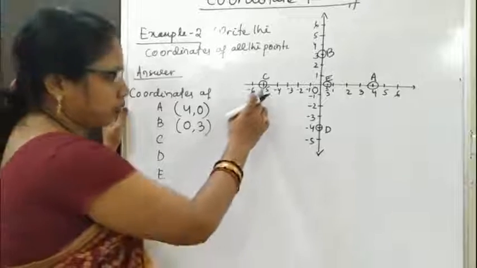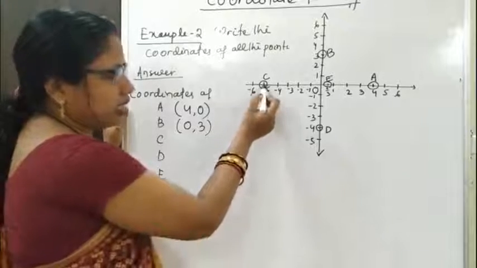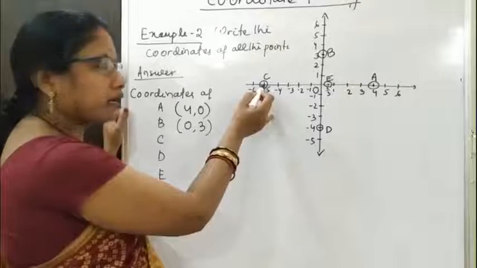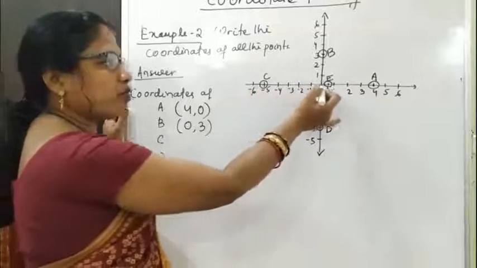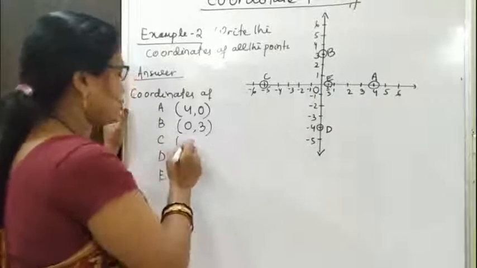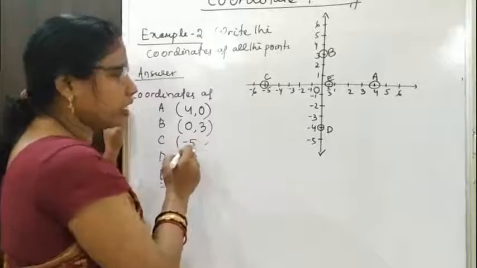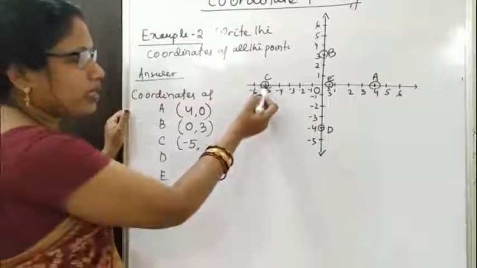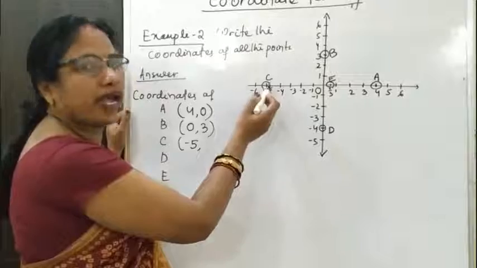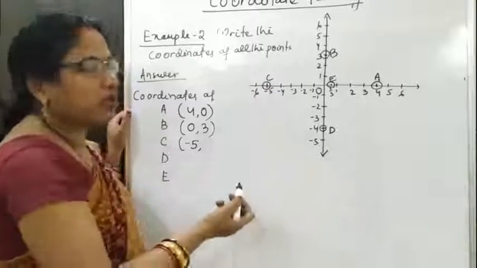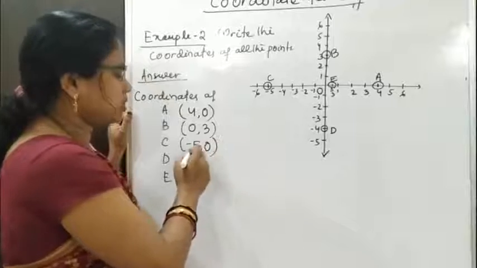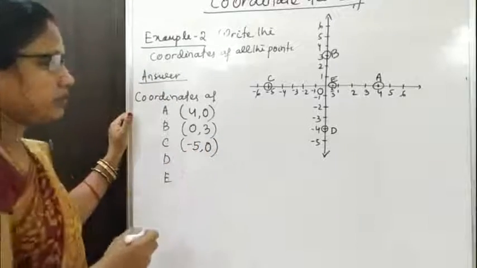Then come to point C. The x coordinate of point C is the perpendicular distance of C from the y axis. This distance is minus 5. So minus 5 is the x coordinate. Then the y coordinate of C is the perpendicular distance of C from the x axis. This is 0 because C lies on the x axis. So C has coordinates minus 5, 0.